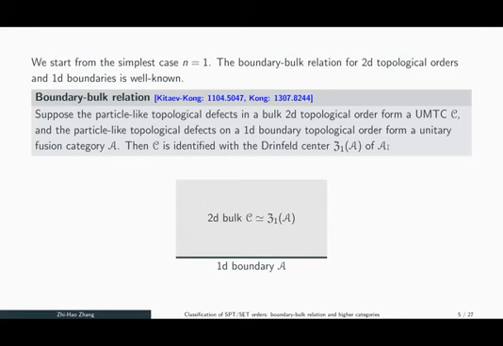It was first proved by Kitaev and Kong in 2011, and then proved by Kong and Liang using anyon condensation, which gives a model-independent proof. It says: suppose we have a 2D topological order whose particle-like topological defects form a unitary modular tensor category denoted by C, and it has a 1D boundary topological order whose particle-like topological defects form a unitary fusion category A. Then C is equivalent to the Drinfeld center of A. The bulk is the center of the boundary.